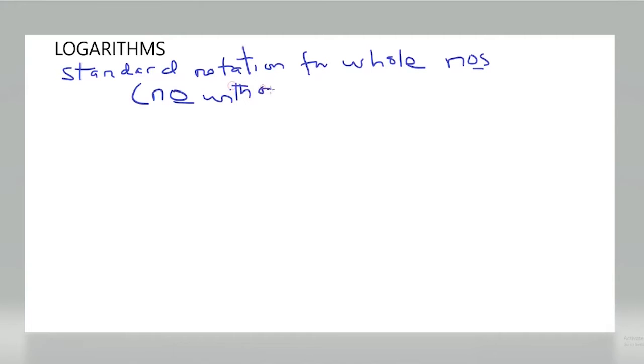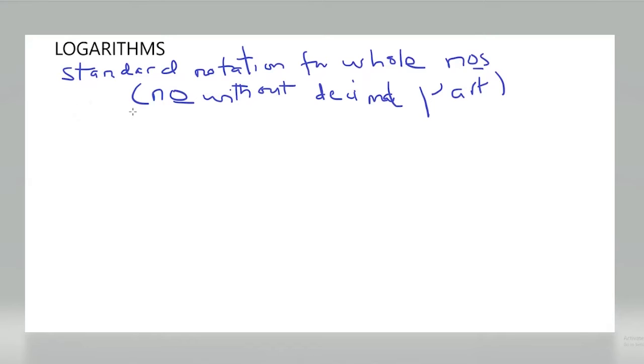I'll start with them without the decimal part. I hope you're going to enjoy this series, because it's simple if you follow the rules on what I'm going to show you now.